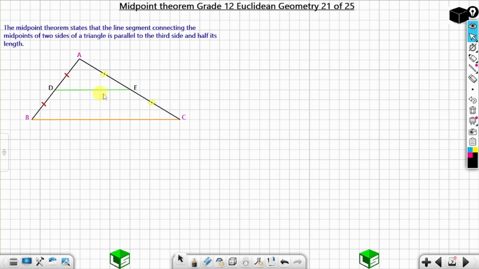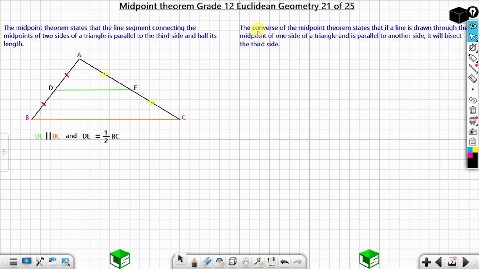So DE is equal to 1 over 2 times BC. We are going to see that. So you have DE parallel to BC, and DE is half the length of BC. This is the midpoint theorem.